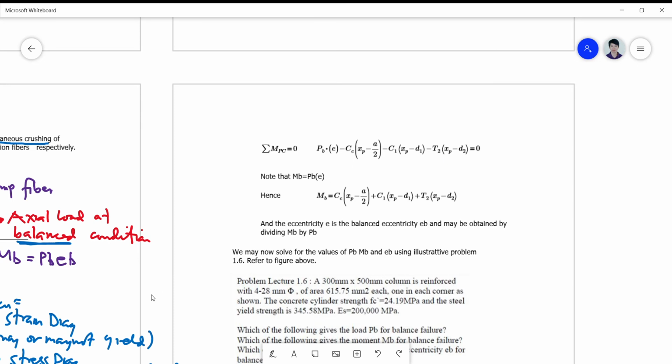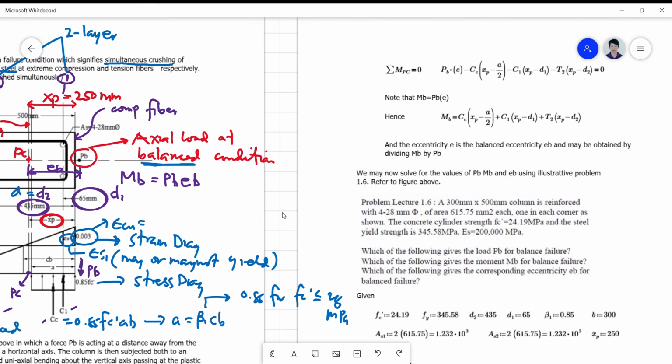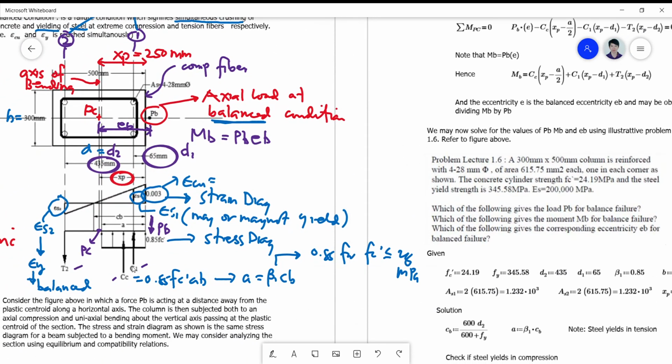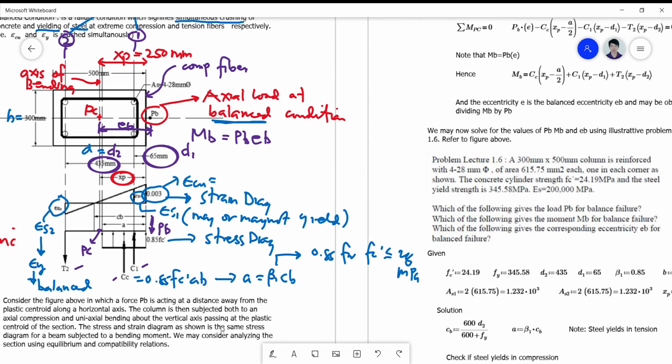counterclockwise. So the distance from the force CC to the plastic centroid is simply given by XP minus 1/2 of this A here. So this distance here is XP from here to there. You subtract 1/2 of A, so you get this distance here.